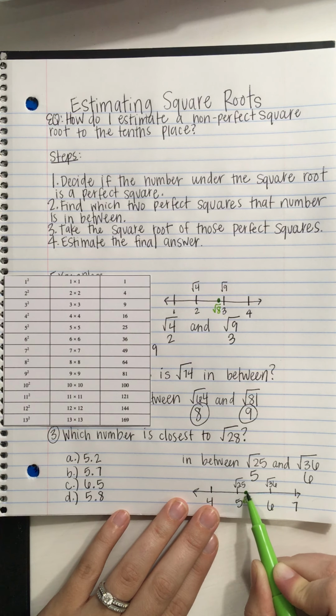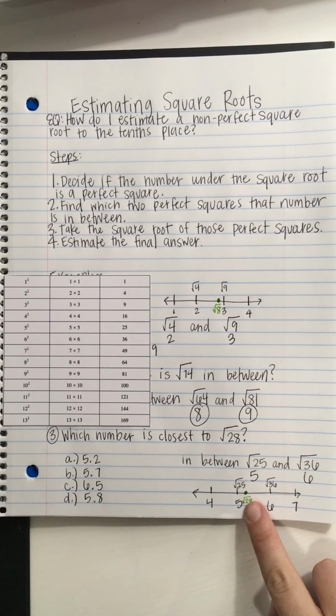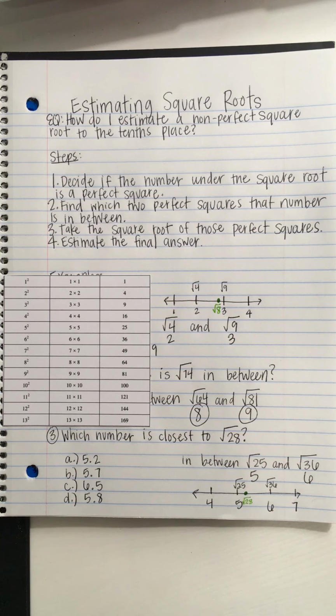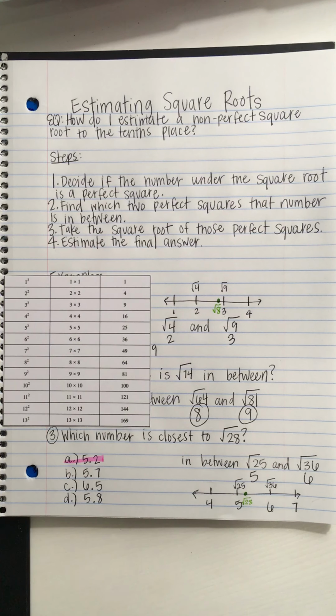So it should fall probably about here. Looking at your answer choices, which number is closest to square root of 28? Well, we said it should be closer to 5 than 6 because those are only 3 numbers away, whereas these two are 8 numbers away. It should be closest to 5, and the number that is closest to 5 is 5.2. So that is our answer.